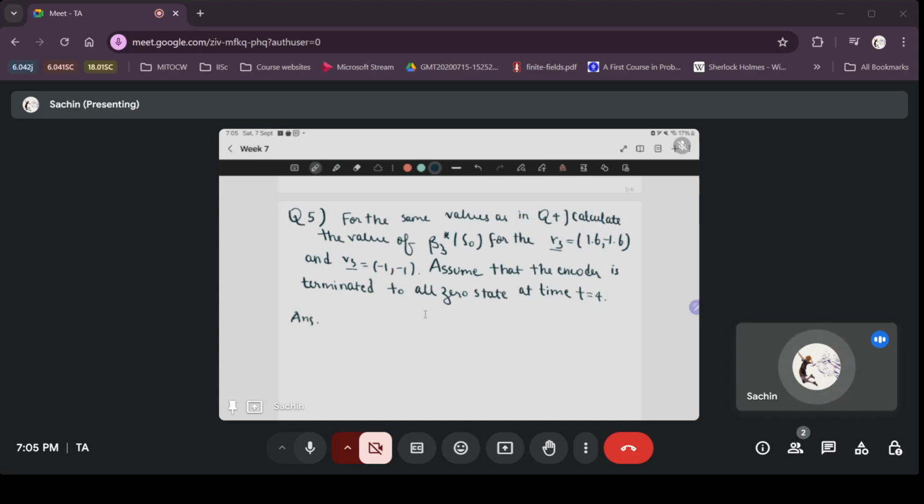So again, here instead of alpha, we're asked to find beta, and it's the first iteration. In beta, you go from the terminated time t equal to 4 and calculate backwards. These are backward metrics. So beta L star of state S prime is by definition log of beta L of S prime.